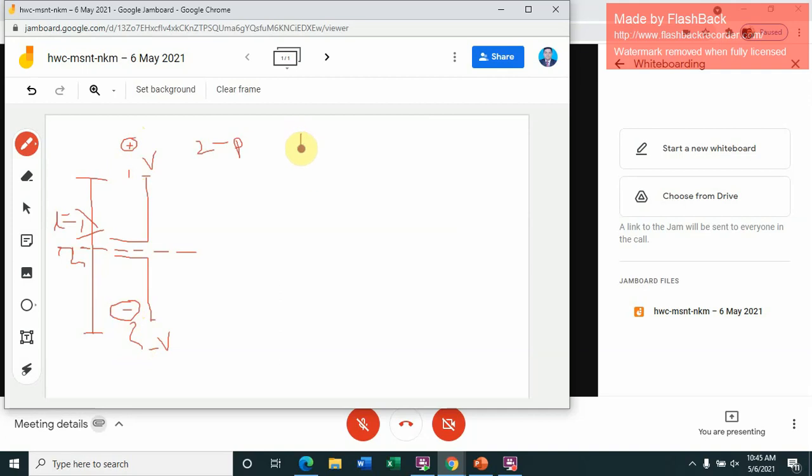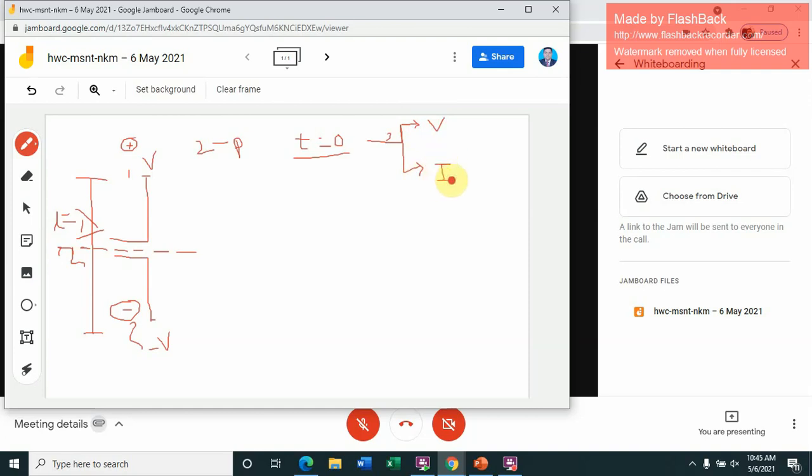Once the signal is radiated at t equal to 0, two parameters vary with respect to time. The first parameter is the voltage, and the second parameter is the current.